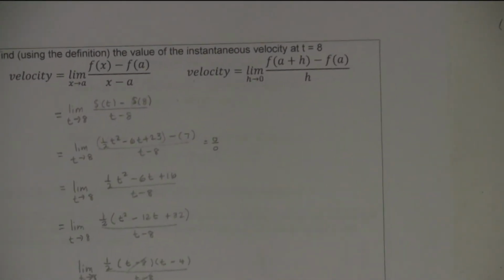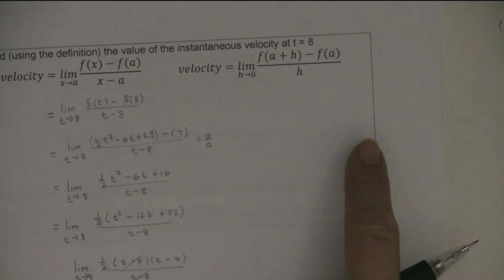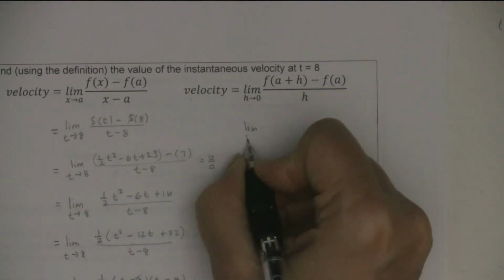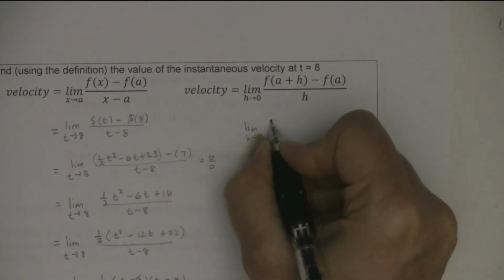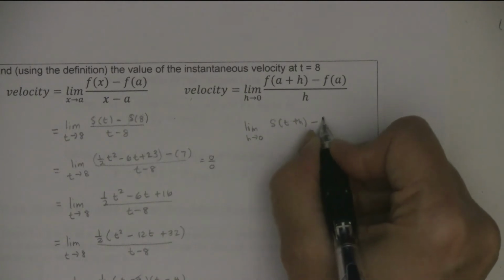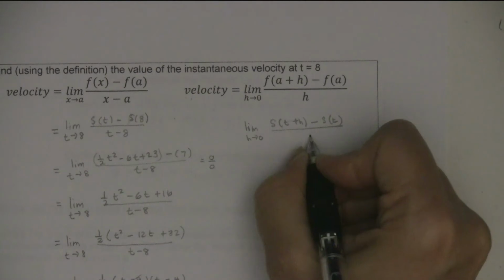Okay. Now, if we did it using this other notation over here, and we certainly could, you could write this as the limit as h goes to 0 of s of t plus h minus s at t over h.